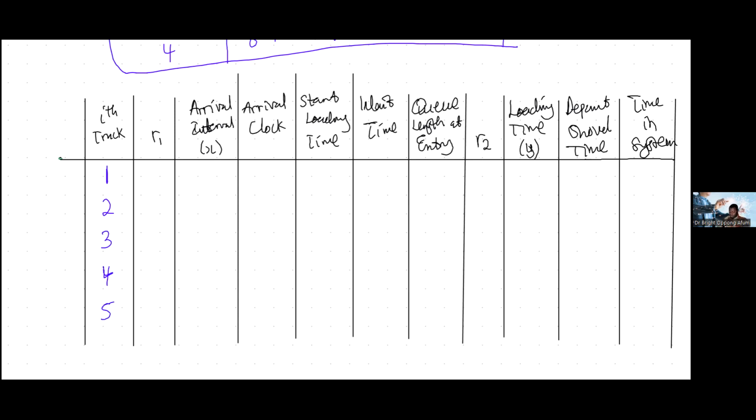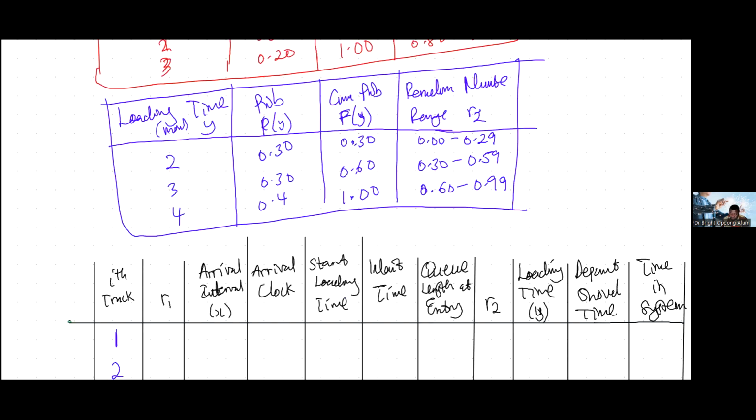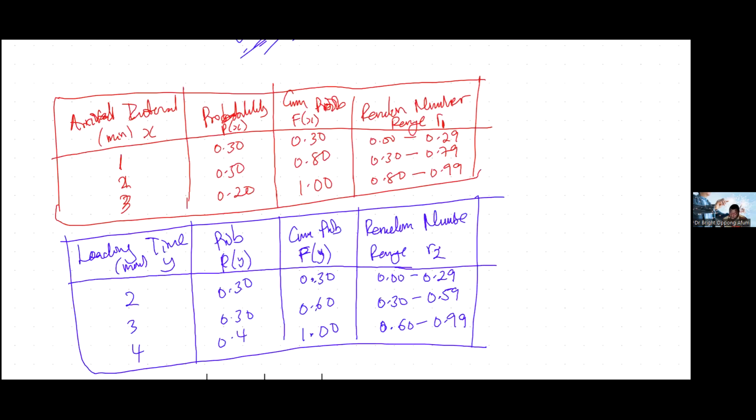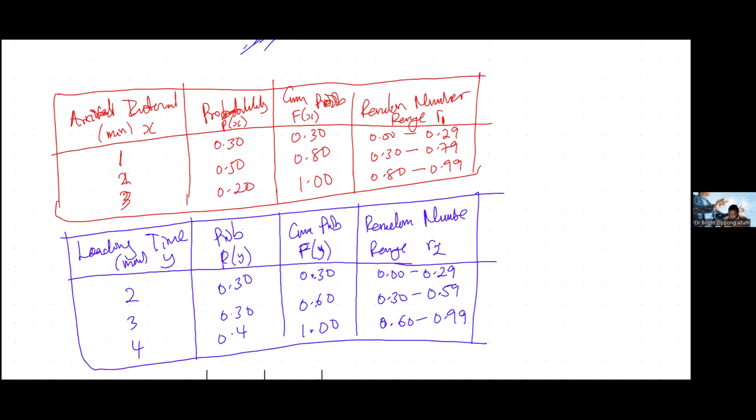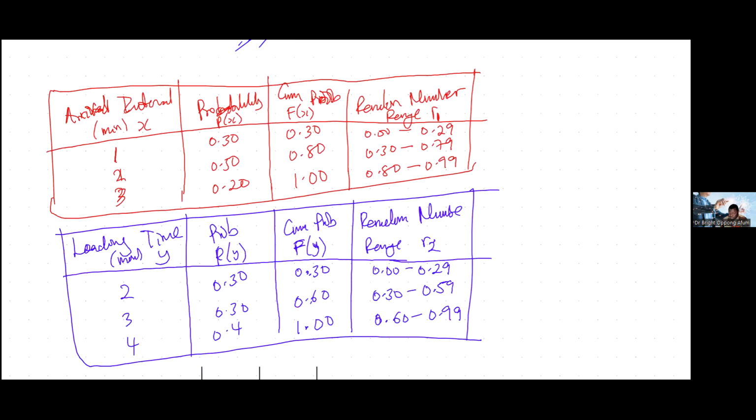So what we know from our table is the arrival interval and the loading time. So we will begin with that first.